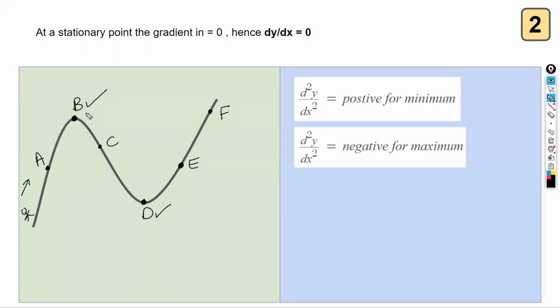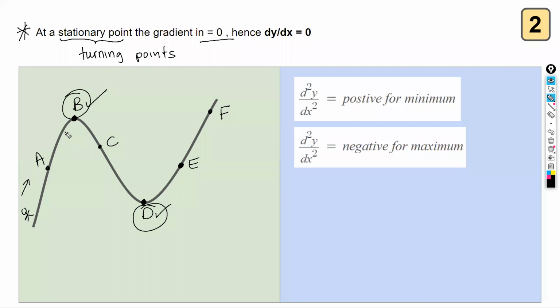You all know why? Because the gradient at point B and the gradient at point D is 0, right? Stationary points are points on a curve where the gradient is 0. Make a note of it over here. And they also call stationary points turning points. And I want to explain why they call them turning points.